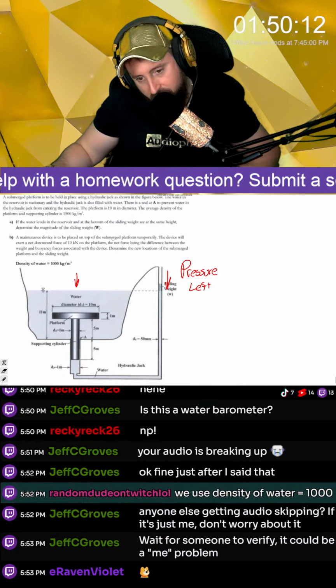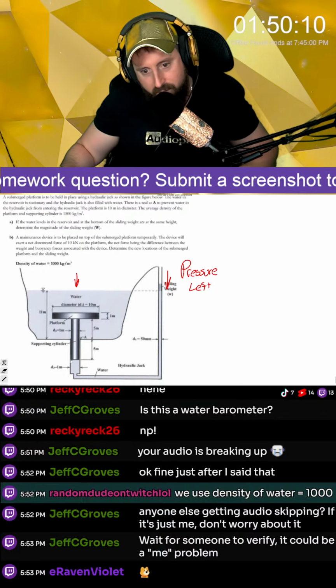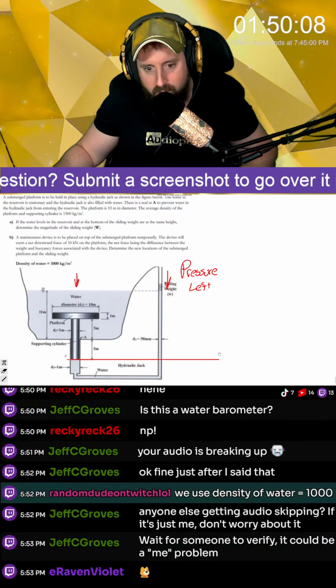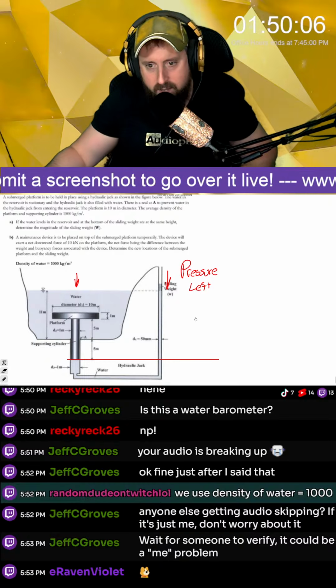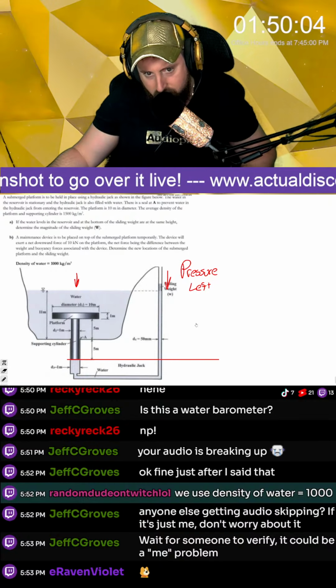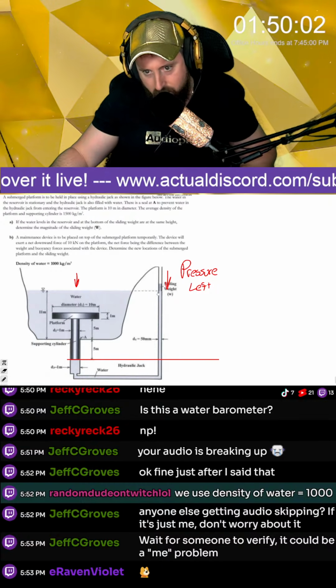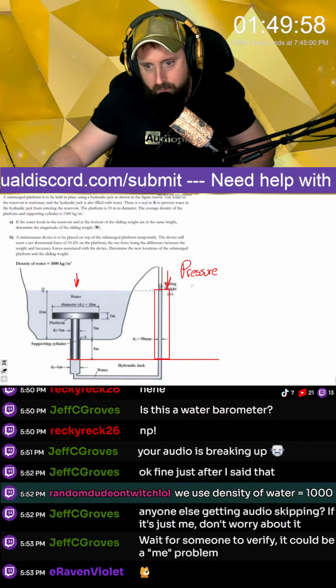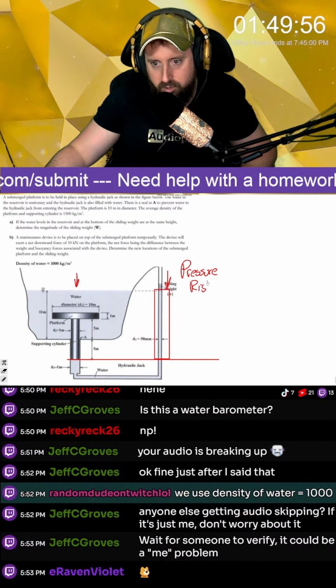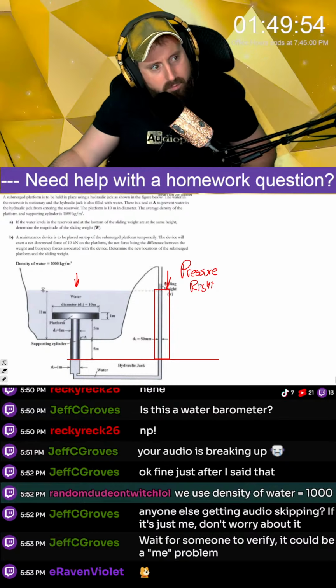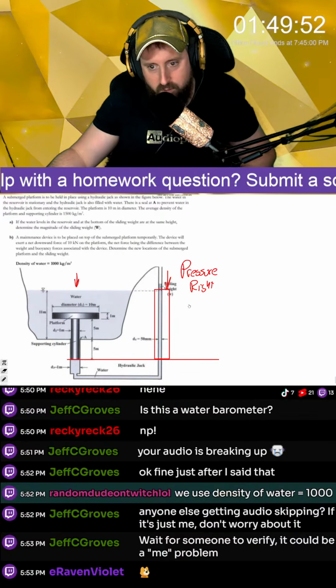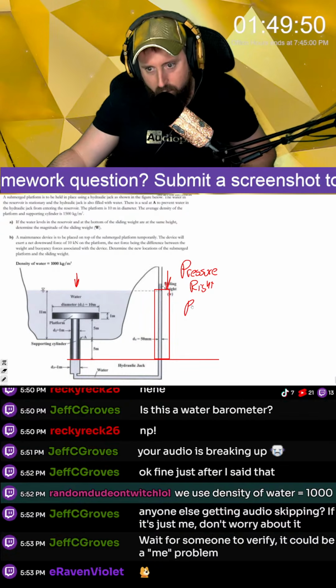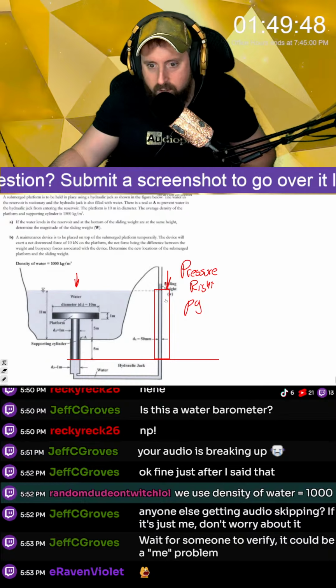Yeah. Okay, now I remember how this works. I think I want this height. Yes, okay. So let's do pressure on the right first. Pressure on the right is going to be rho of the water, g, times the height.